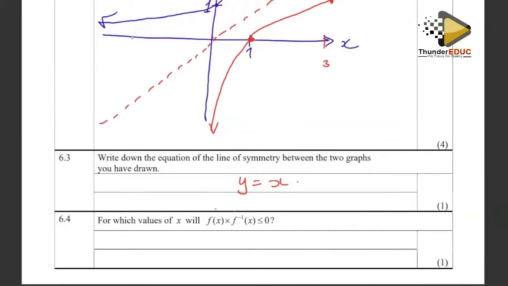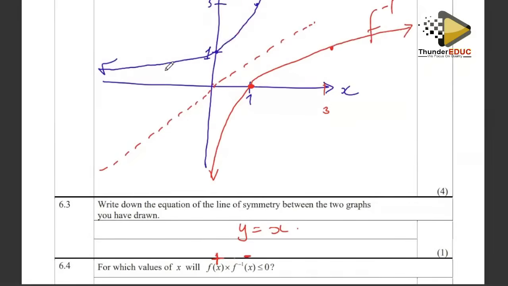Then for which values will f and its inverse be less or equal to 0? In other words, when we get a negative result, or a result that is equal to 0. So f is above, meaning that it's just positive. So we need to look for a scenario where f is positive and g is below. No, f inverse. So the only section that we are seeing is this section.